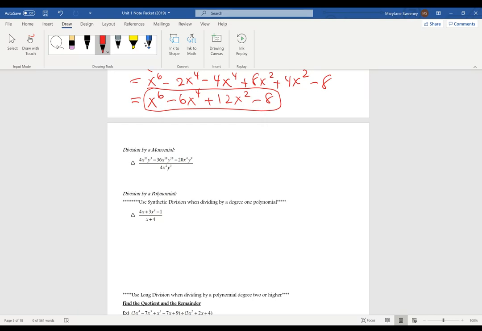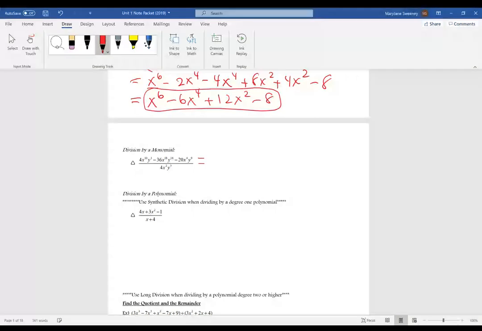Okay, division by a monomial. All right, if you're dividing by a monomial, just one term you're dividing by, you have to divide every single term in the numerator by that 4x squared y squared.